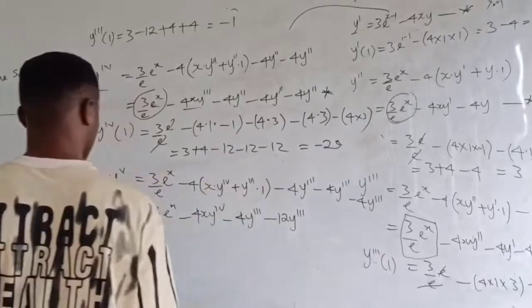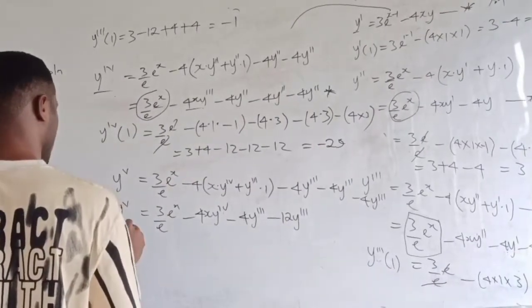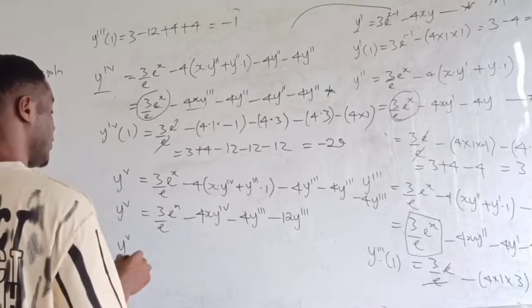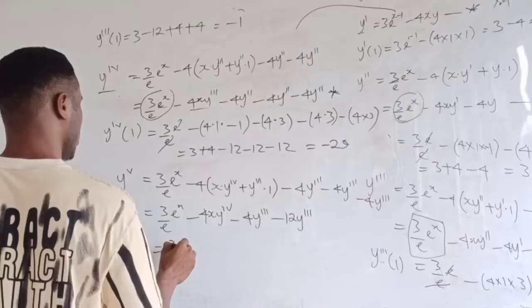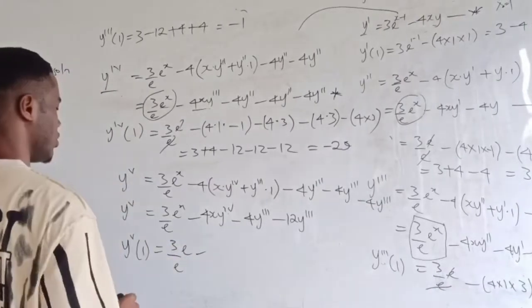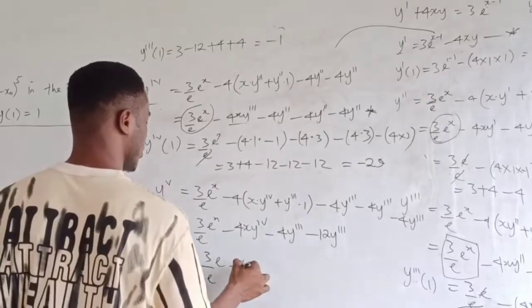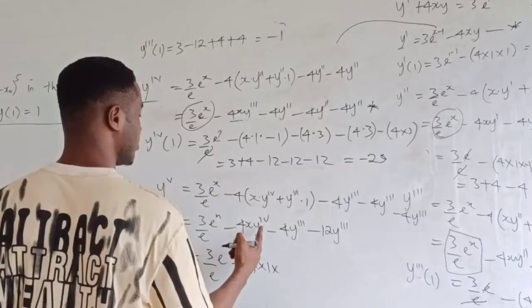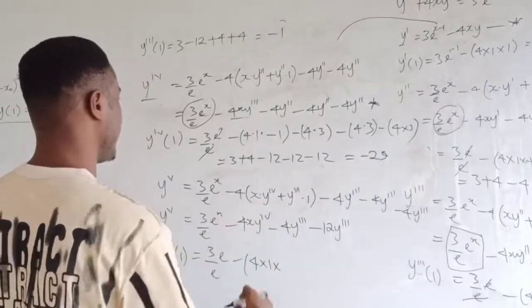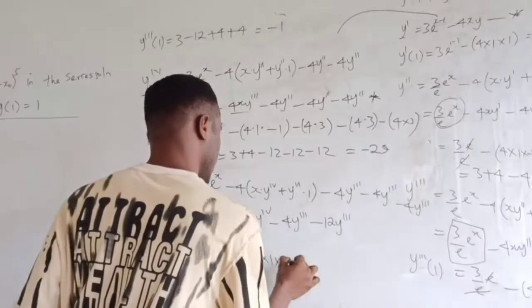Okay, so by substitution of our initial condition, y to the fifth differential of 1 is equal to 3 over e minus, because x is equal to 1 here. So you have 4 times x, which is 1, times y to the fourth differential, which is negative 29.